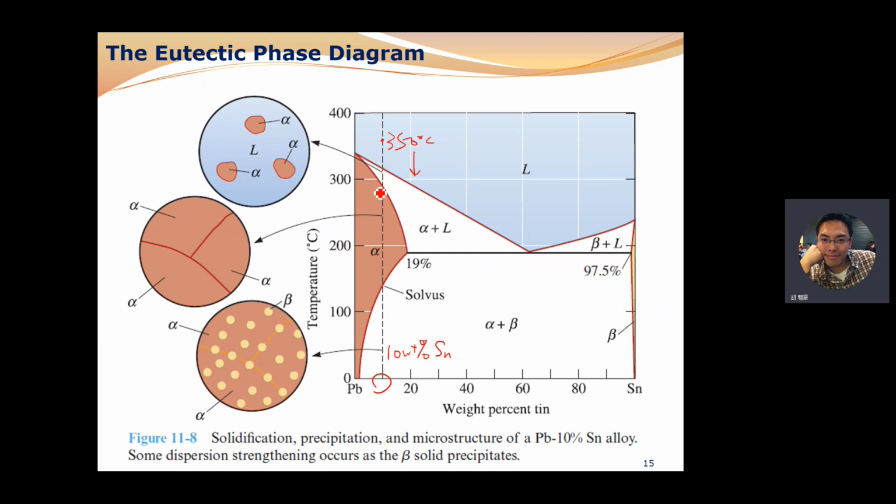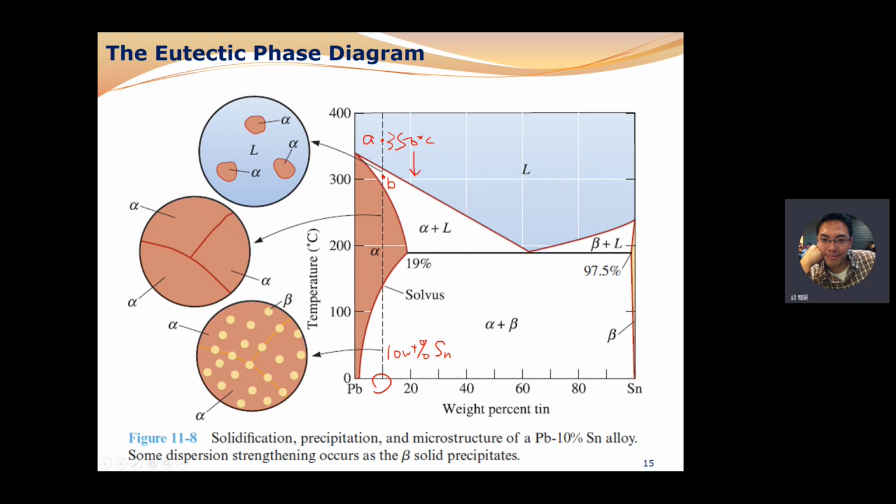So what's going to happen? What phase is going to form during this cooling? When we go from point A to point B, what's the phase at point B?